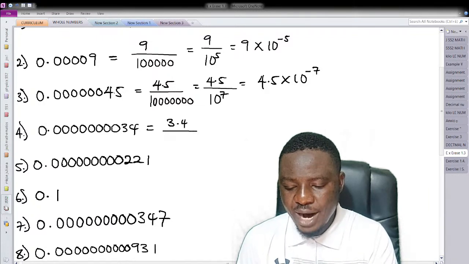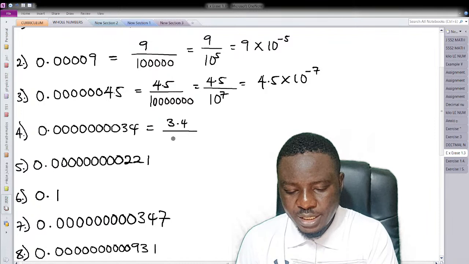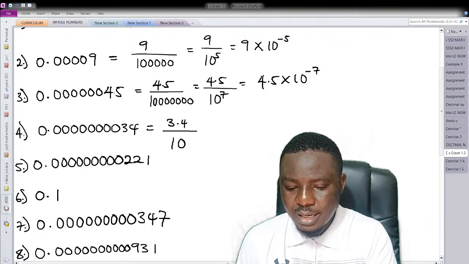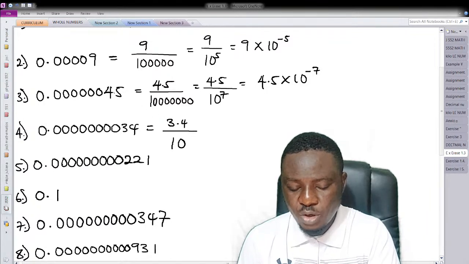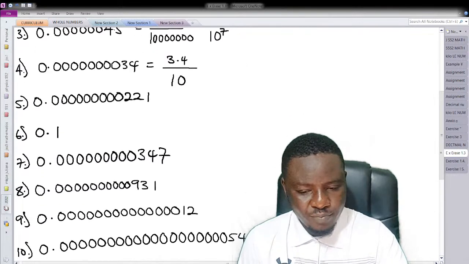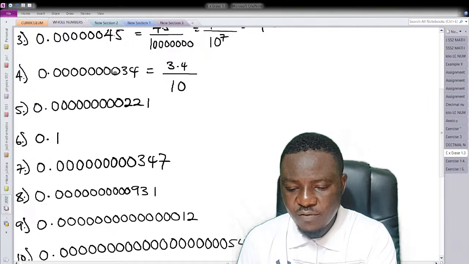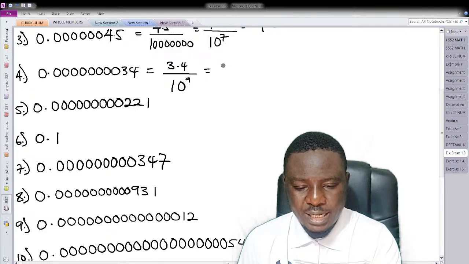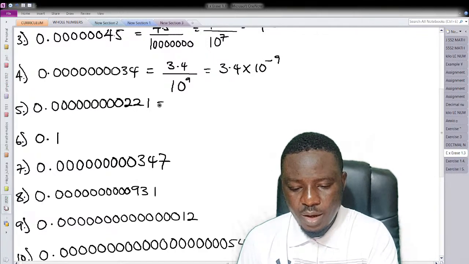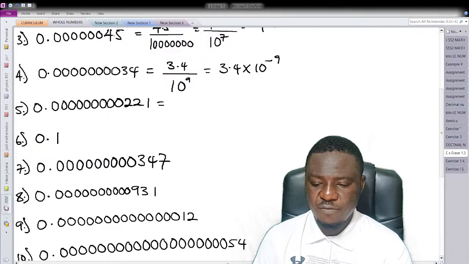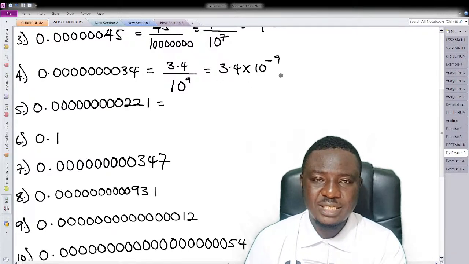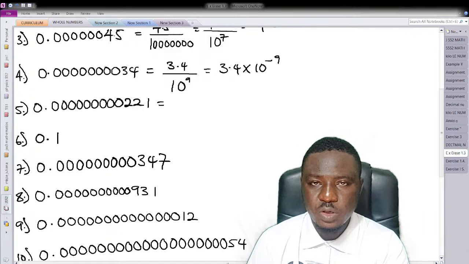Next is 3.4 divided by, this is going to be 10 to the power, I'm going to skip this fractional part because of time. So this is going to be 1, 2, 3, 4, 5, 6, 7, 8, 9, raised to the power 9, which ends up to be 3.4 times 10 raised to the power of minus 9. Also, with number 5, I'm going to express it straight ahead to index form.